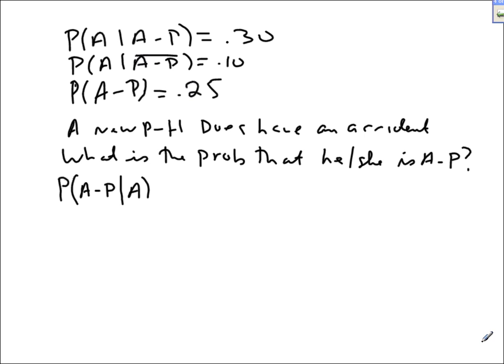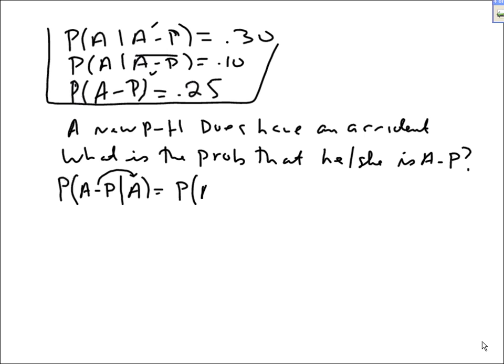Now, if you look at the givens, what's given is about whether or not you're accident prone, not about whether or not you had an accident. If I reverse these two, what I'm given is whether or not I'm accident prone.